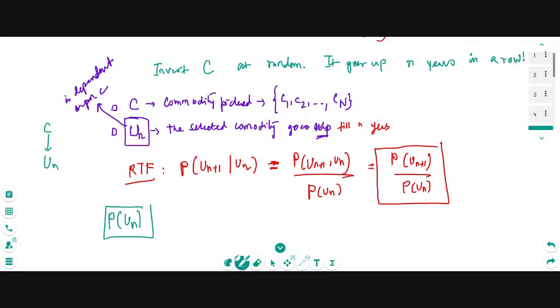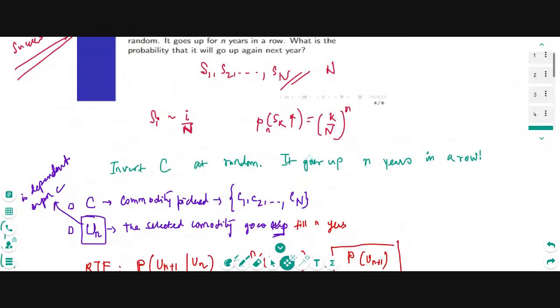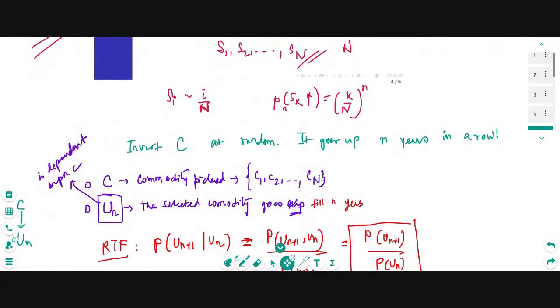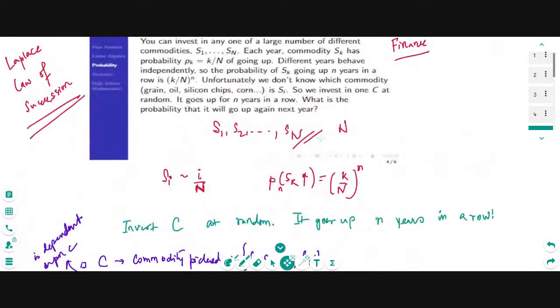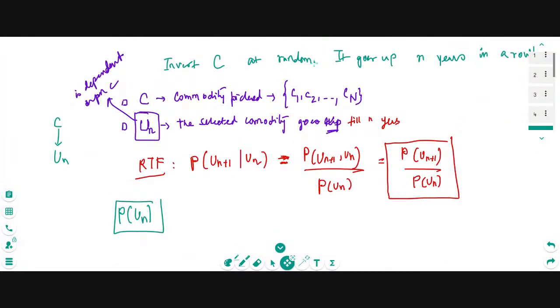Its probability depends on the value of C, that is C1, C2, C3, up to Cn. For each commodity the probability of going up is different; for the i-th commodity it is i by n. So U_n is dependent on C, and that's why you need to condition on C to find the probability of U_n.